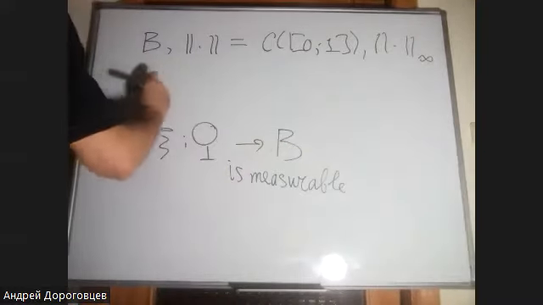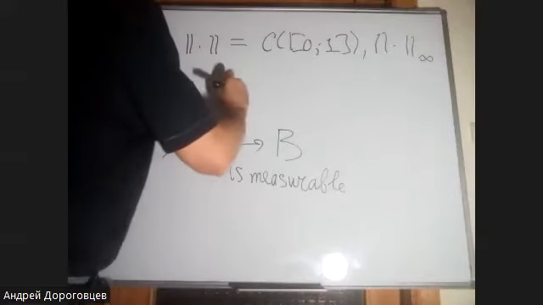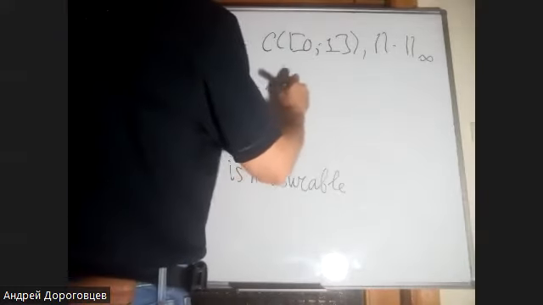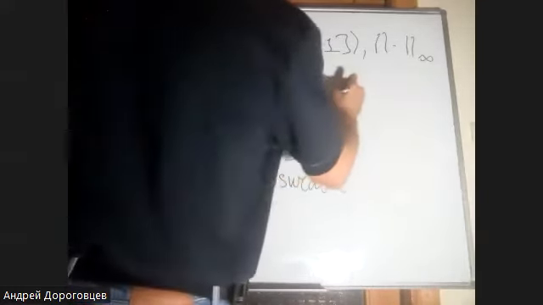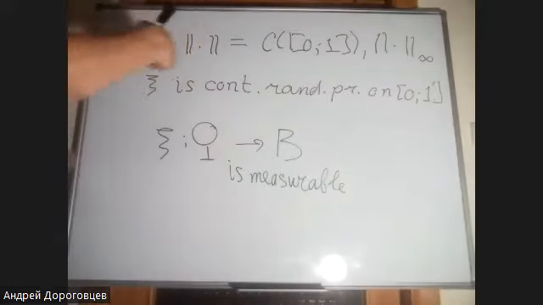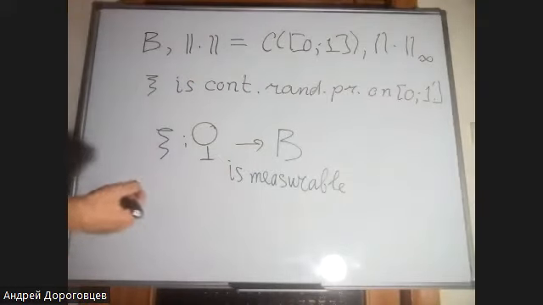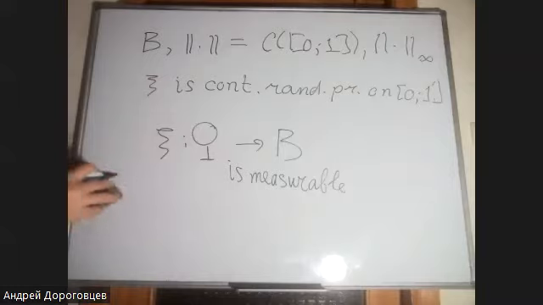So psi is a continuous random process on [0,1], and it must be a random element of this C[0,1]. Yes, and how do we discuss it?